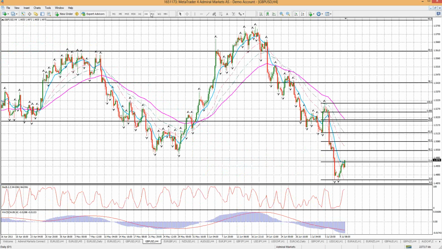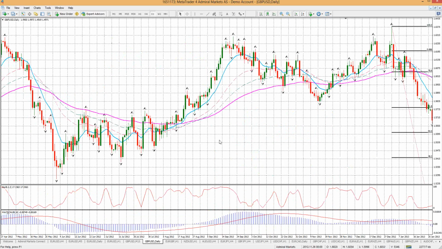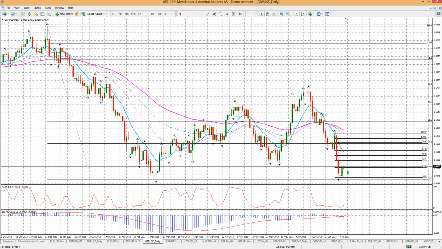But from a bigger perspective, you can see clearly that we are at a bigger bottom here. Yesterday's candle made a small bullish day here, and we're actually breaking yesterday's high after retracing yesterday's candle. So here too we're at a turning spot just like the euro.